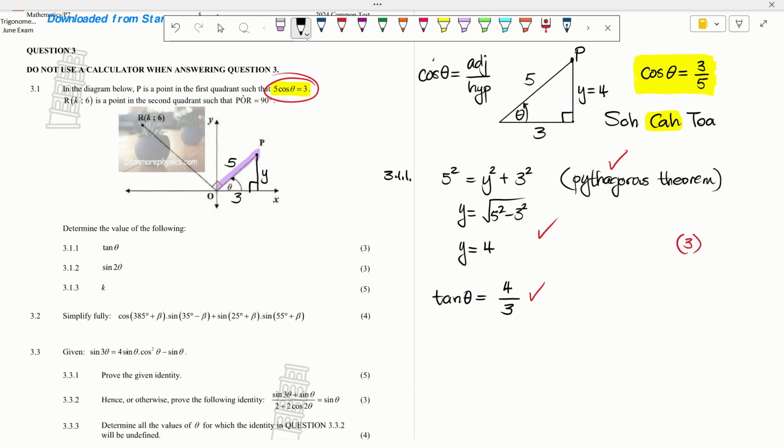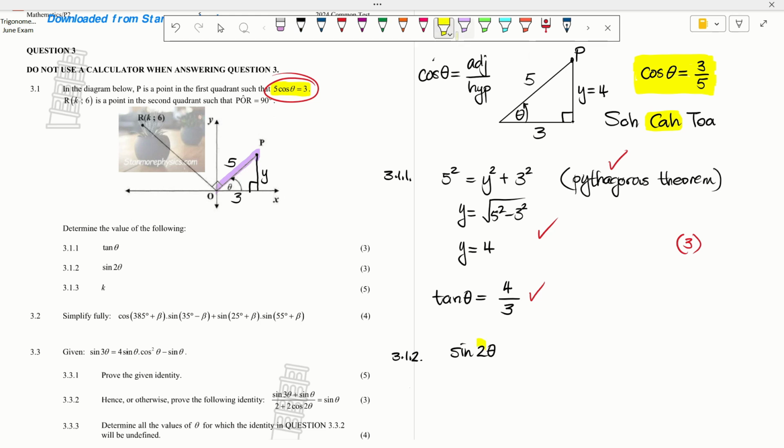Okay, 3.1.2. What about sine 2 theta? I already know all the sides on my triangle, so this shouldn't be a problem. How can I find sine 2 theta?